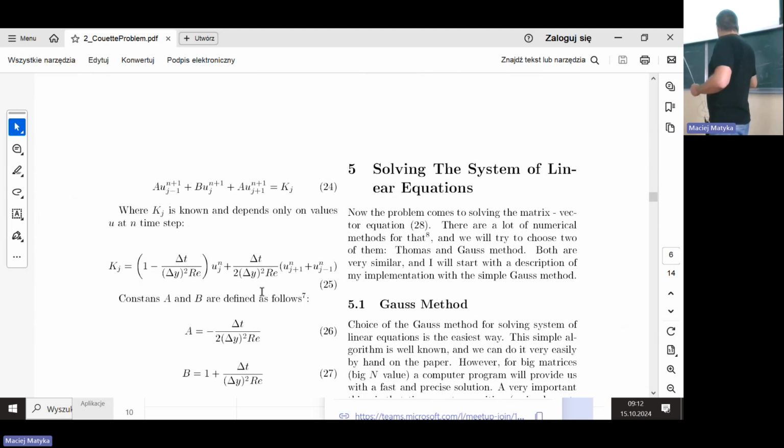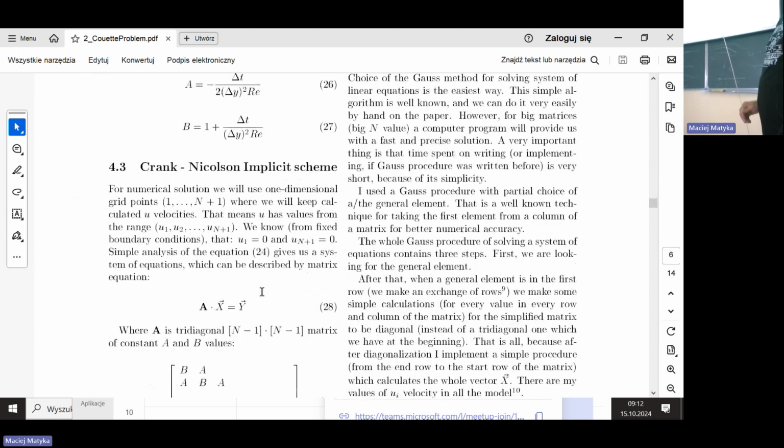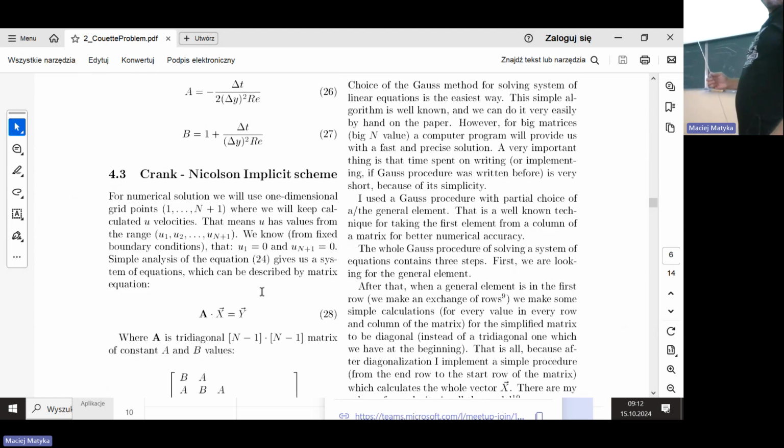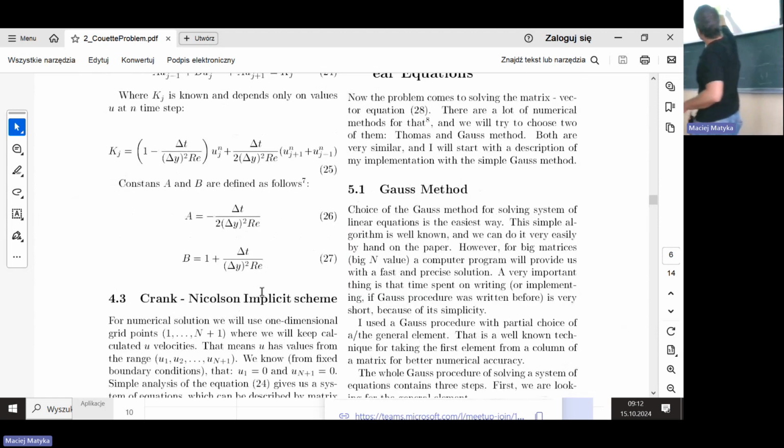We group them, and on the right-hand side will be those terms that are from the previous time step, and we have those constants. Then we basically build the system of linear equations, where on the left-hand side our system contains the velocity on the next time step, and on the right-hand side there is velocity in the previous time step. This comes from this equation.